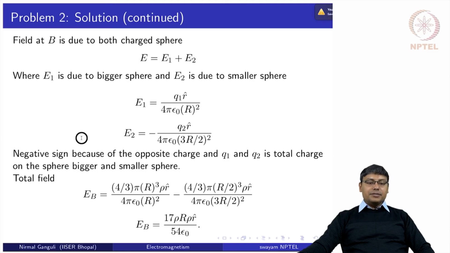The negative sign is because we have opposite charge in the form of Q1 and Q2. Q1 is positive charge and Q2 is negative charge. So the total charge on the bigger sphere and the smaller sphere we have to calculate in terms of the volume charge density that's given, and by doing that we can find the expression for E at point B as 17 rho r cap over 54 epsilon naught.